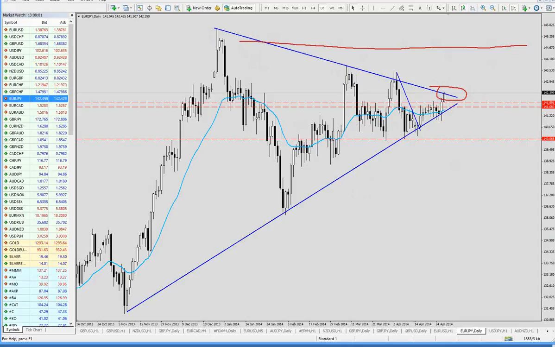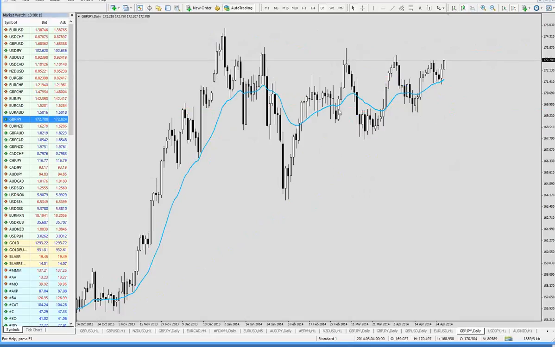So all of the Japanese crosses are close to important breakouts, but as long as we didn't make the breakout, some can try to sell.